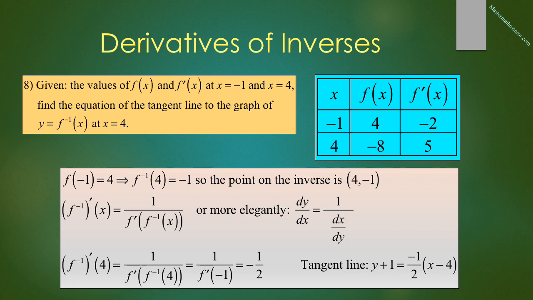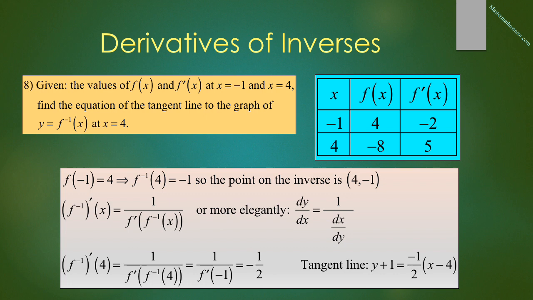So plugging in 4, we get f inverse prime of 4 equals 1 over f prime of f inverse of 4. We just stated that f inverse of 4 is -1. So we are left with 1 over f prime of negative 1.